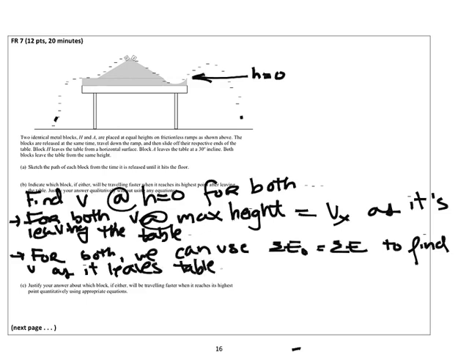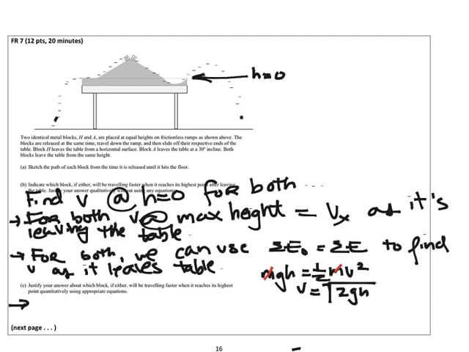Okay, and what that means is that for both we have mgh is equal to 1/2 mv squared, and v is equal to, if I do a little bit of algebra, square root of 2gh as it's leaving the table.